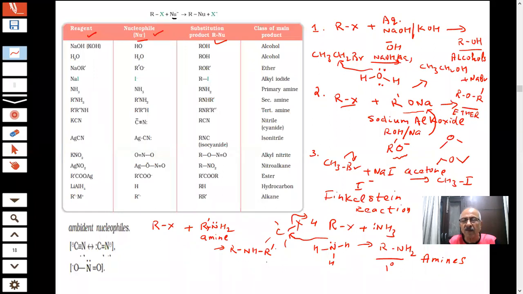This is also an amine. Nitrogen attached to 2 carbons is a 2 degree amine, a secondary amine. From the primary amine we get the secondary amine, and if I take the secondary amine with RX, you will get a tertiary amine.